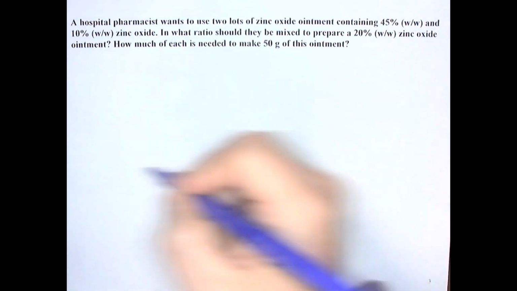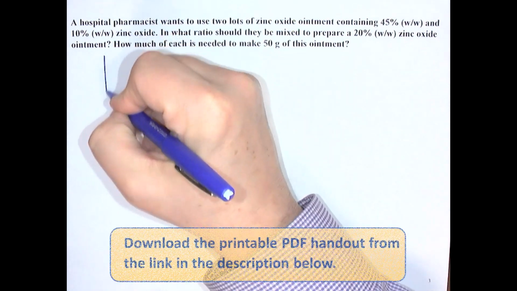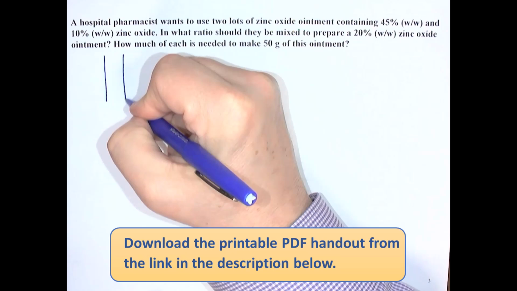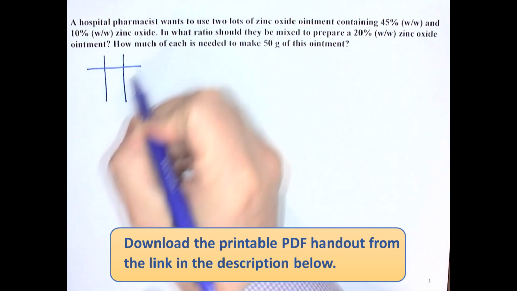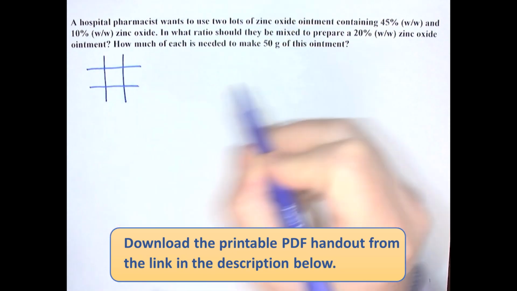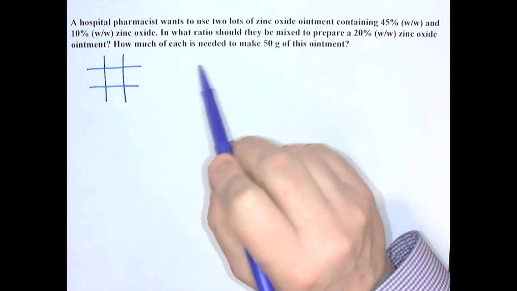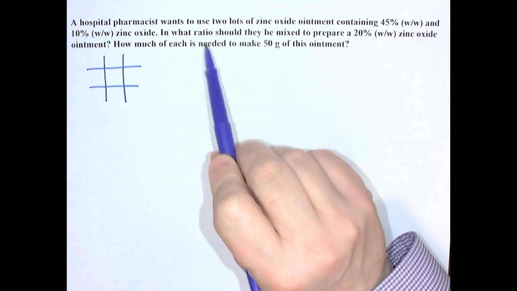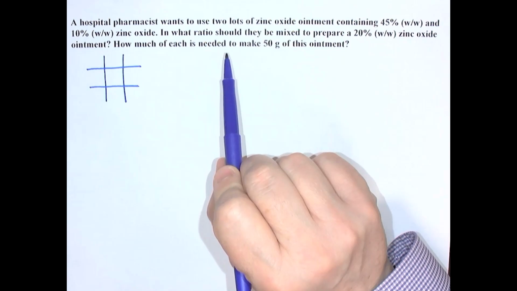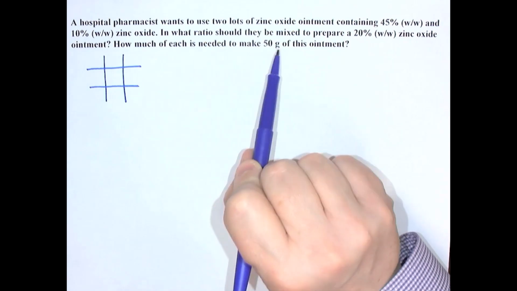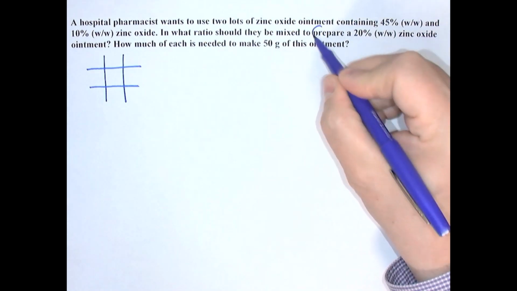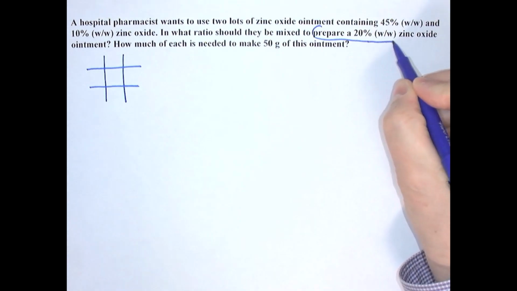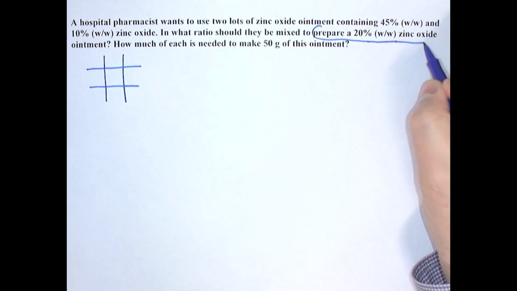Okay, so we'll make our grid to help us organize our work here. The problem says that we need to prepare a 20% weight-to-weight zinc oxide ointment here.